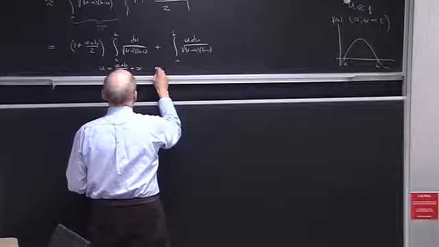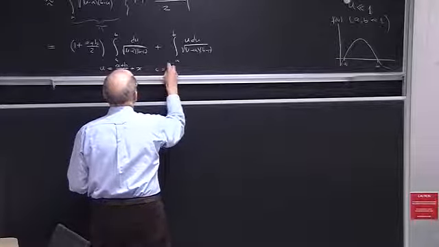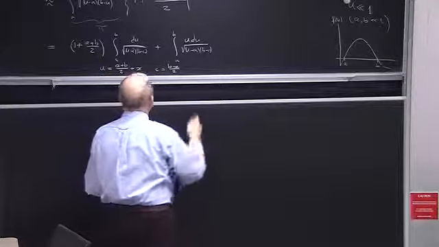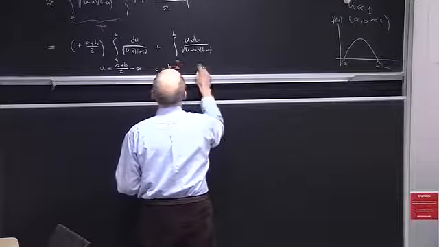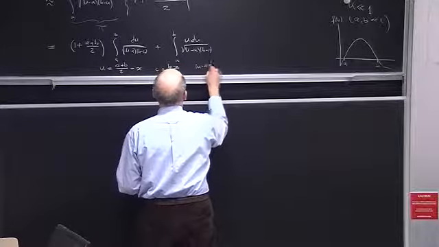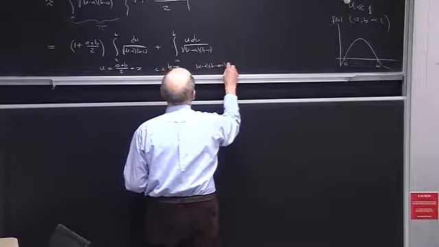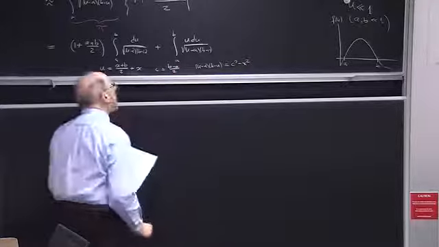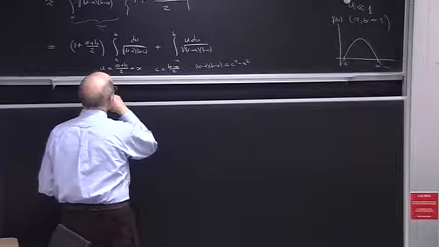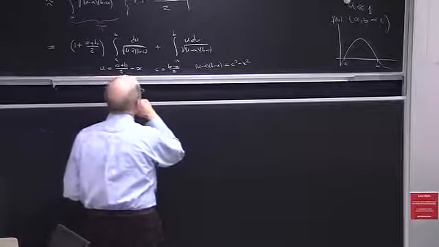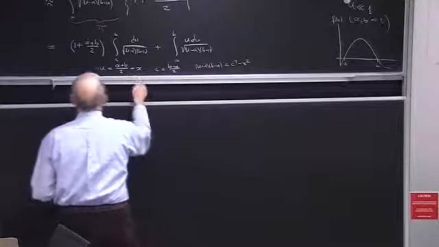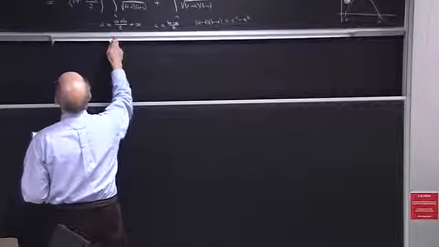I'll also introduce a new constant c, which is (b minus a)/2. In that case, the expression under the square root, (u minus a) times (b minus u), will just be c squared minus x squared. You can easily check.